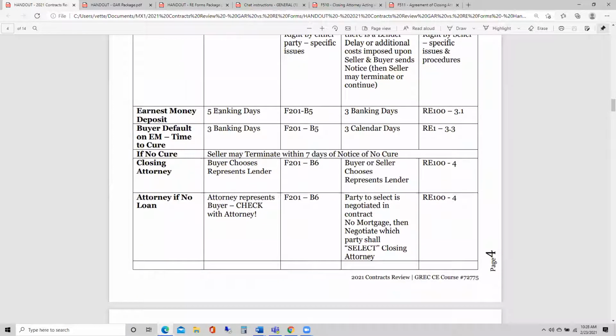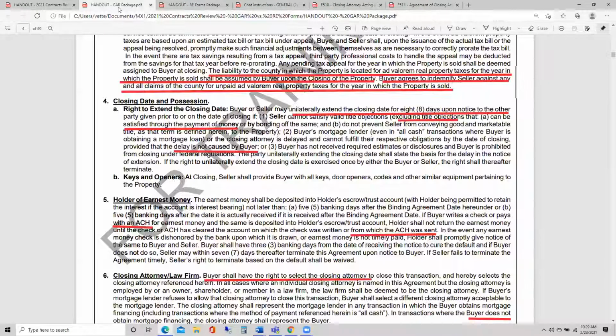Great question. Earnest money, the time frame. In both contract packages, the buyer and the seller negotiate when the buyer is to remit or send the earnest money to the holder. But the difference is pre-printed: once the holder receives it, how long do they have to actually make the deposit?